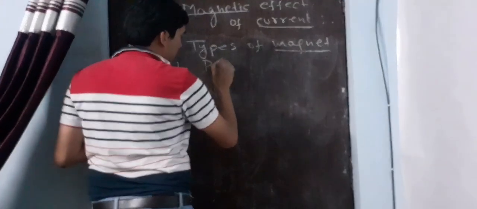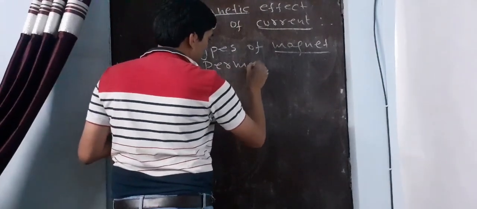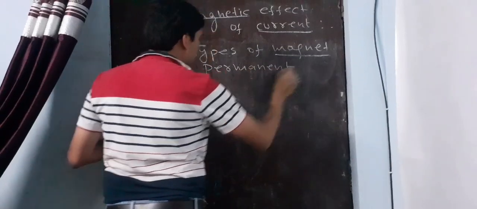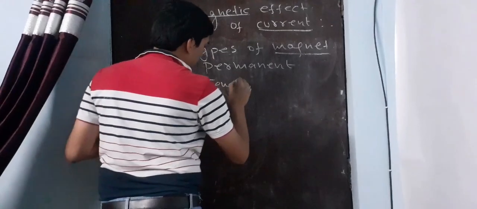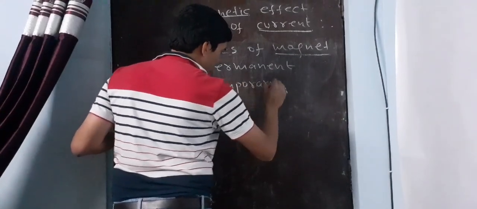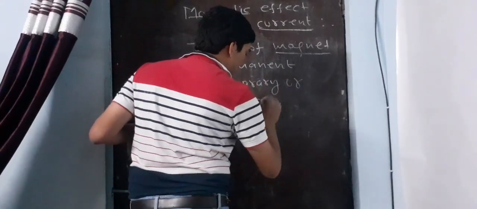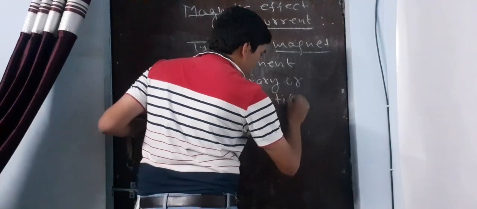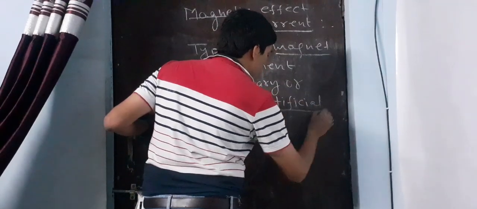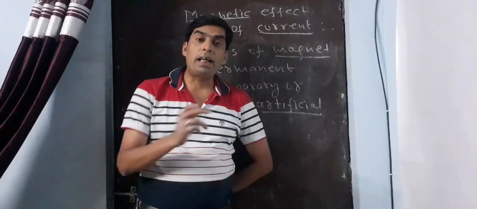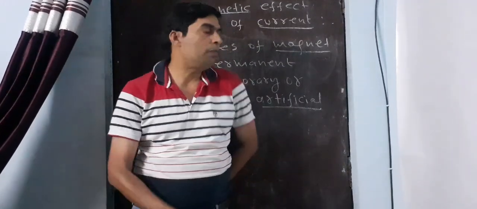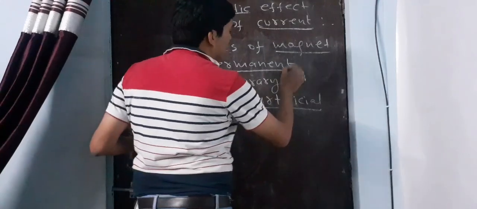One is permanent magnet, and second is temporary or artificial magnet. The name already makes it clear: the magnet whose magnetism is permanent is termed a permanent magnet.